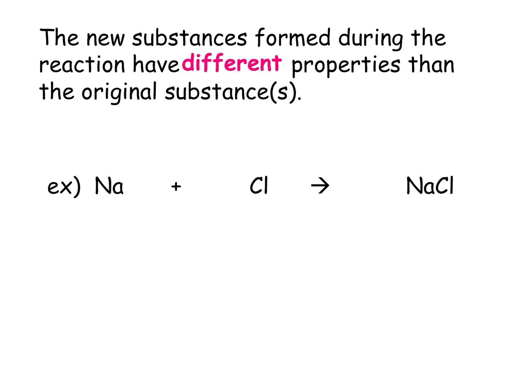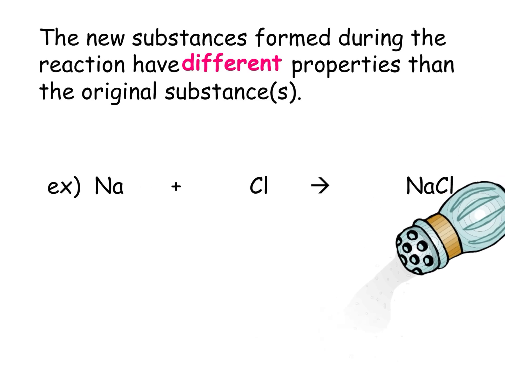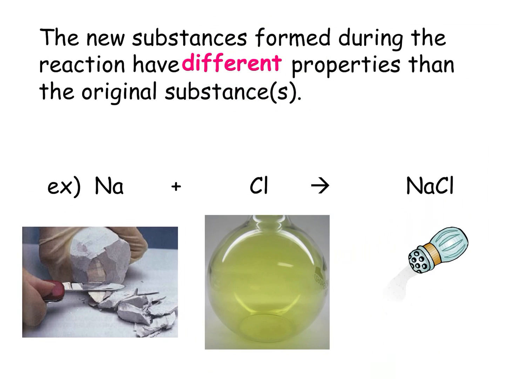So for example, here we have sodium, the metal. Okay, so this is a solid, shiny metal. It's malleable. Notice you can cut it with a knife. It reacts with water. It actually explodes with water.